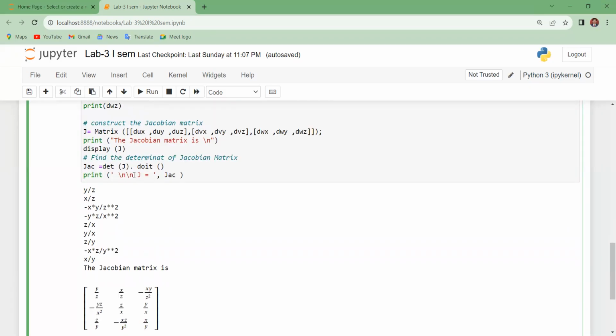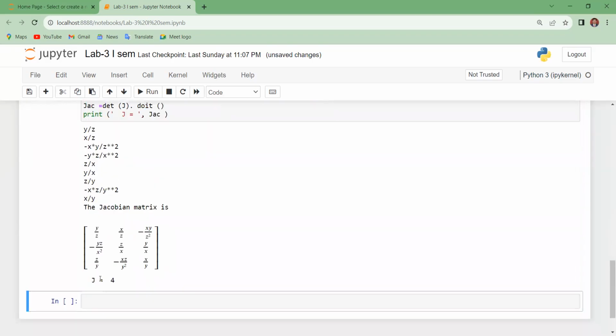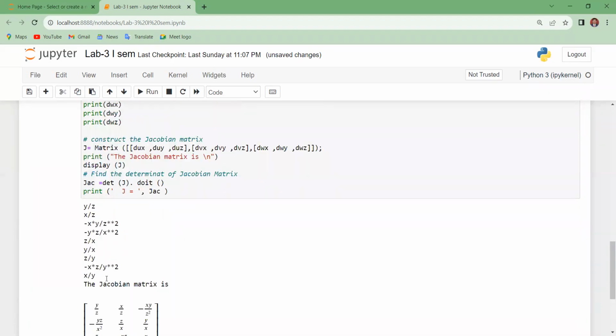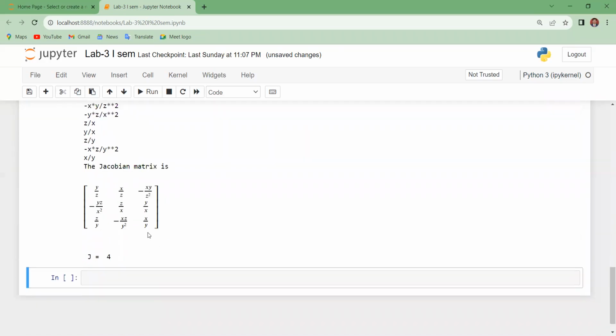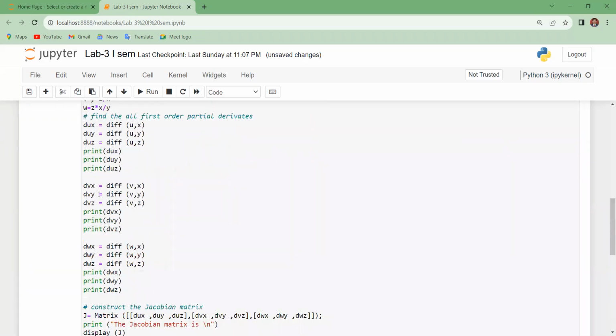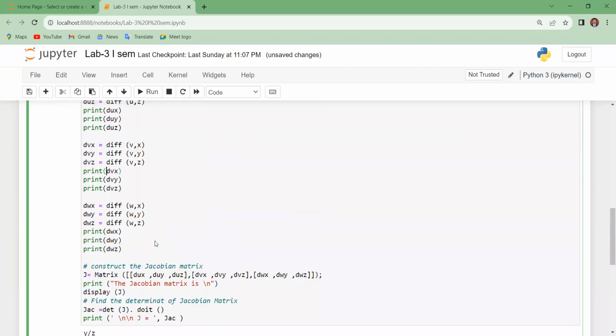So if you take this, remove this and run, it's having less space. In order to show more space, we are putting the slash. That is the thing. Here also we can do the same, slash n. Let us try here also.